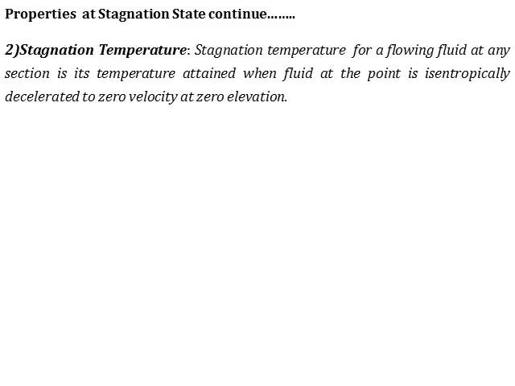Moving on, we define the stagnation temperature. It is the temperature at any section in the fluid flow which is obtained when the fluid is isentropically decelerated to zero velocity at zero elevation. From adiabatic energy equation, we have the following relation.